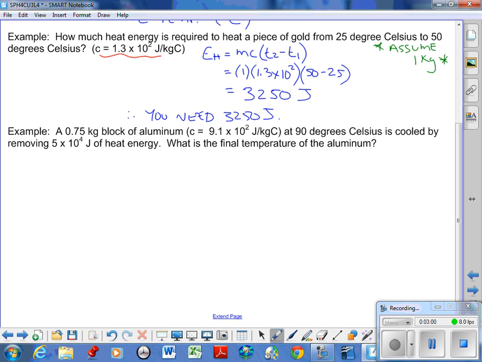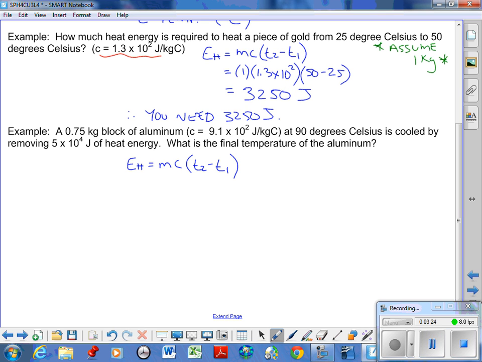A 0.75 kilogram block of aluminum, and again, there's the specific heat capacity for you. At 90 degrees, so it's been heated. It's cooled by removing that much energy. We want to find the final temperature of the aluminum. The nice thing with heat energy is there is only one formula, and I recommend always using T2 minus T1.